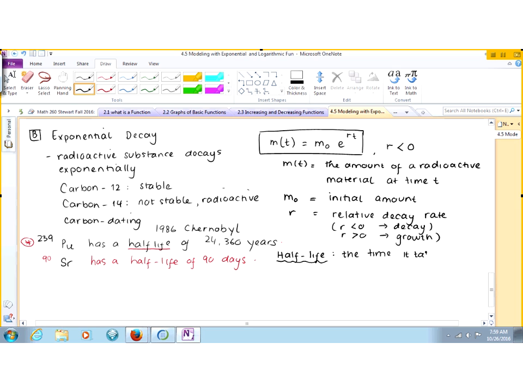So half-life is the time it takes for a mass to decay to half of its original amount. You can think of half-life as doubling time, but instead of doubling, it's going to be half of its original amount.